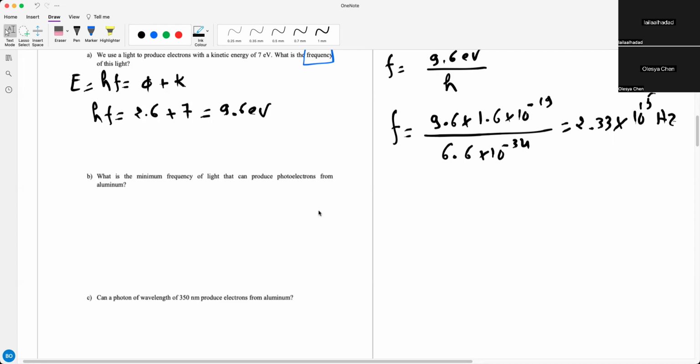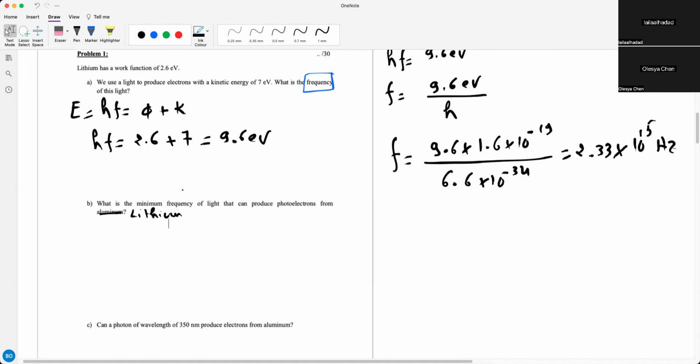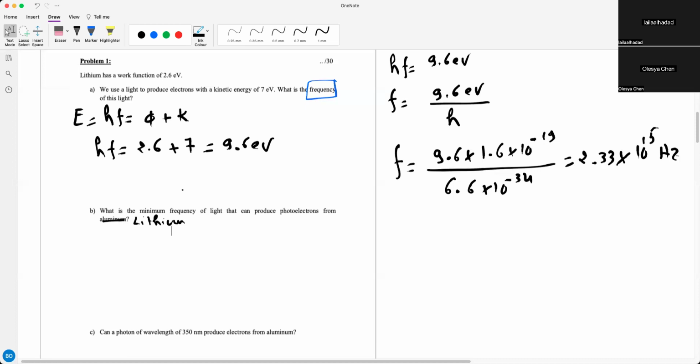Sorry, from lithium, this is a mistake. I need someone else to tell me how I can calculate the minimum frequency, or the threshold frequency, that can produce photoelectrons from lithium.